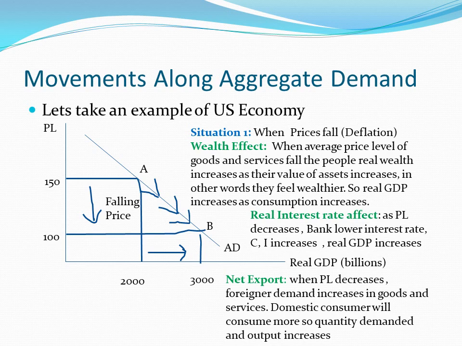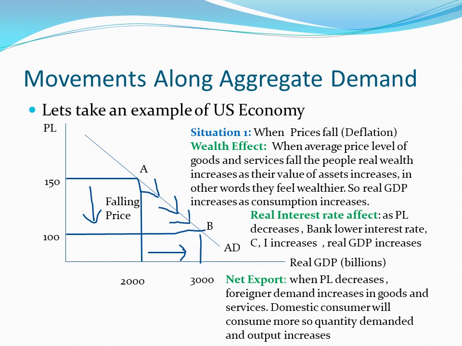The next situation is movement along the aggregate demand curve due to the real interest rate effect. This is a situation when the price level decreases from 150 to 100 points, because the bank lowers the interest rate to increase the investment level or consumption level, because you know consumption and investment are components of GDP.